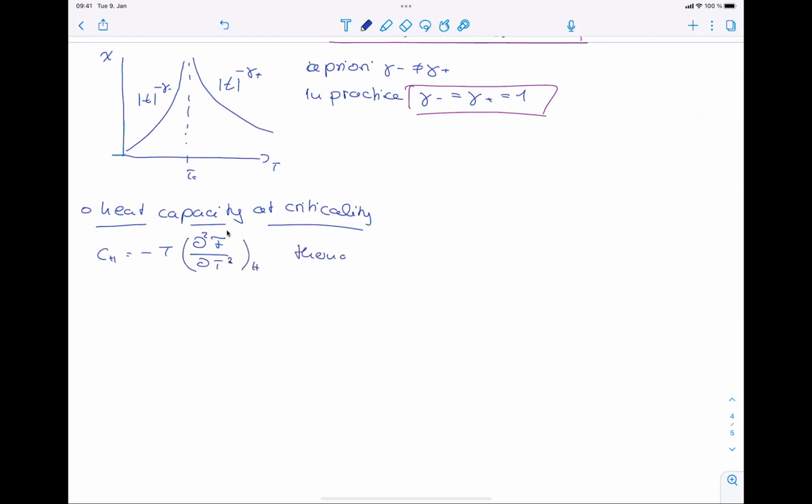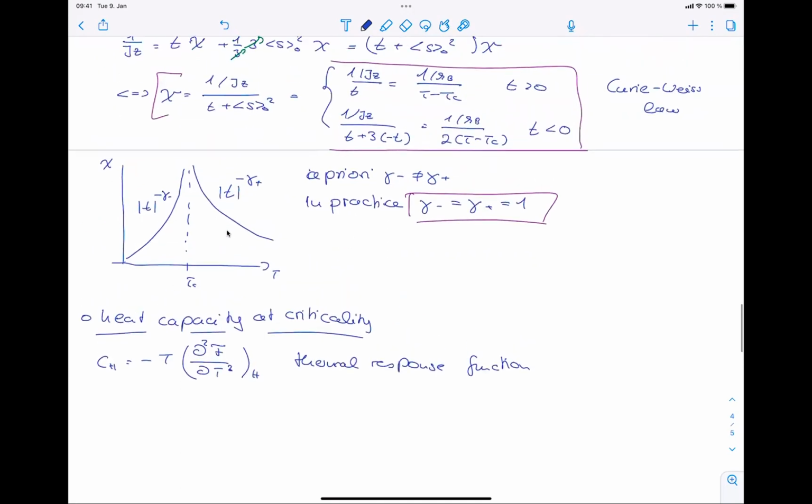This is now the thermal response function. So now we got away with just looking at expansions of this defining equation of the mean field. But since we now have to take the second order derivative of the free energy, we actually have to go back and write down the mean field free energy in this case.